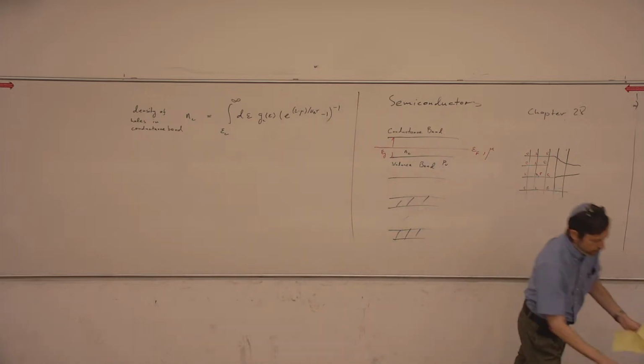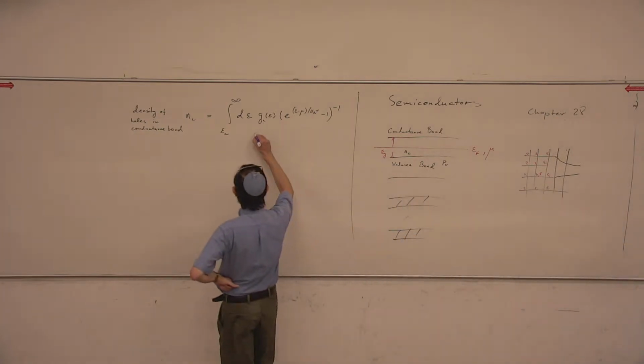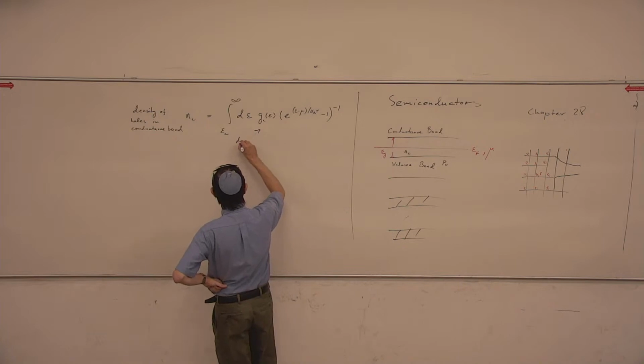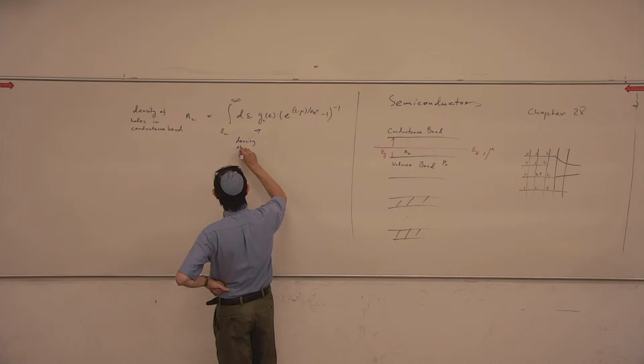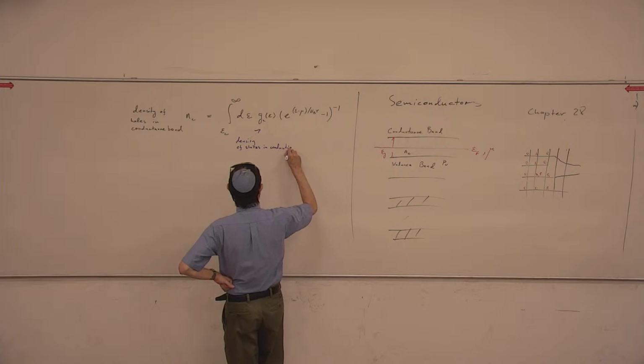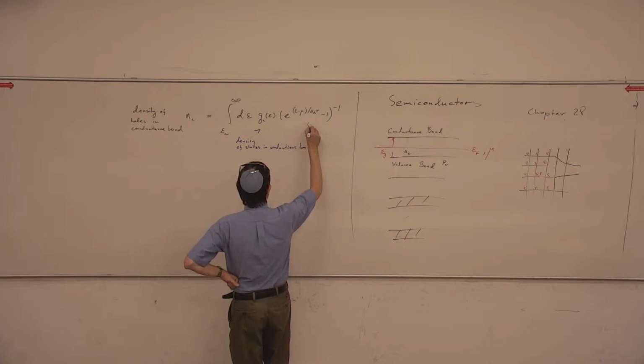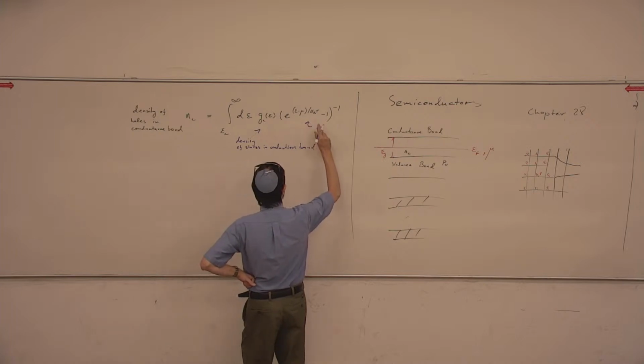So exactly what you expect. G is the density of states. This is probability.